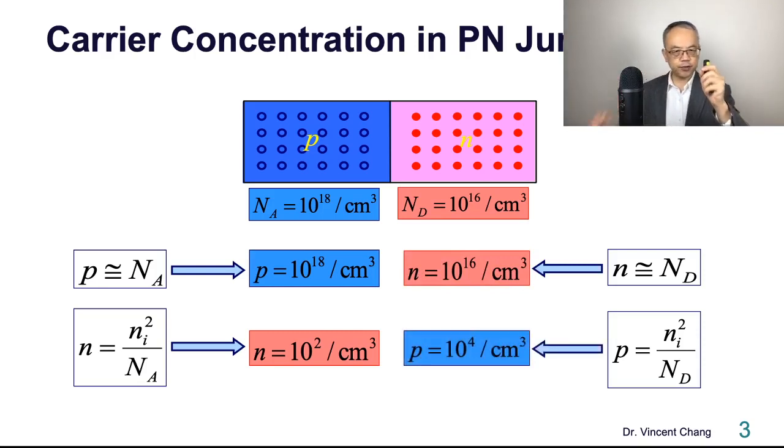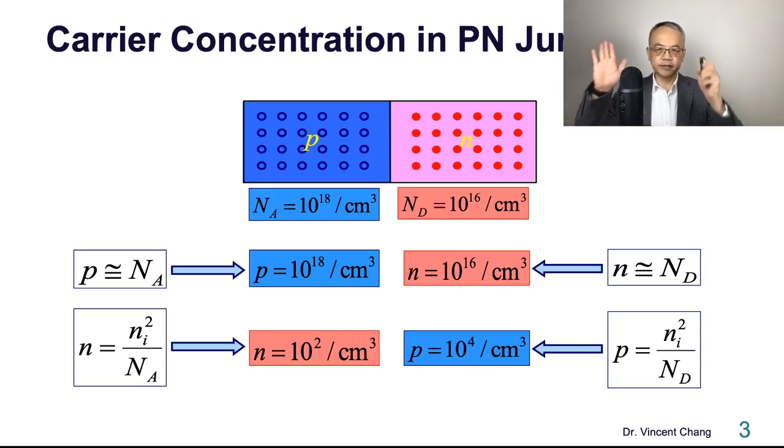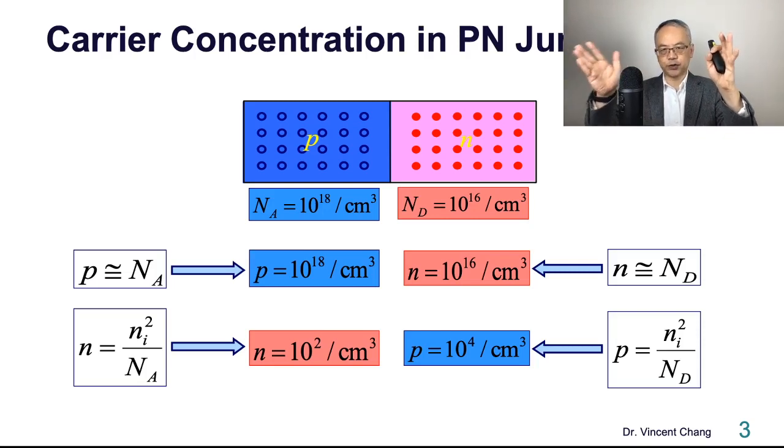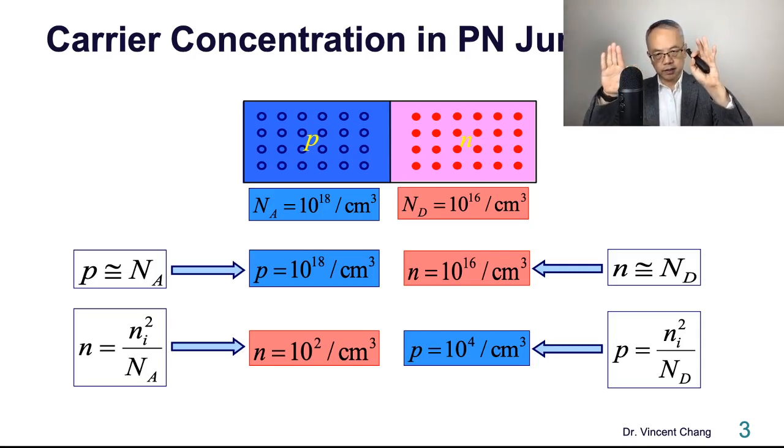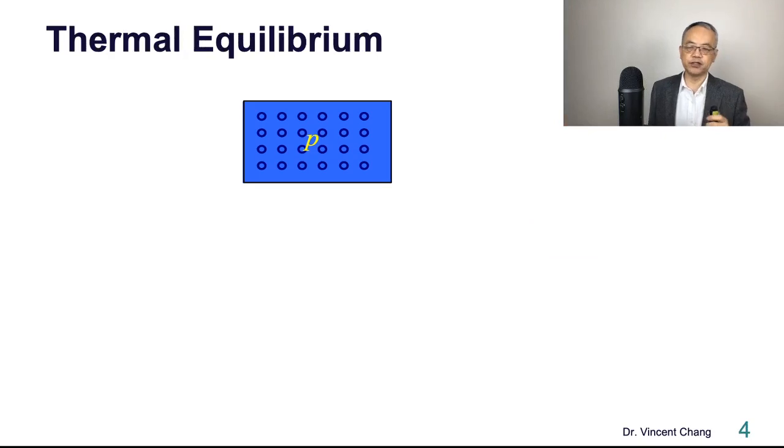The intrinsic carrier concentration squared will be 10 to the 20th power, and then 20 minus 16 gives 10 to the fourth power, 10,000. So this is the carrier concentration picture for a p-n junction, for the p-type and also the n-type.